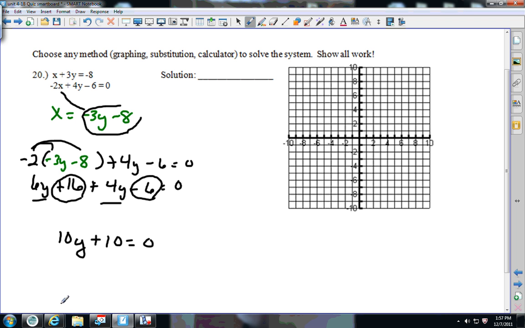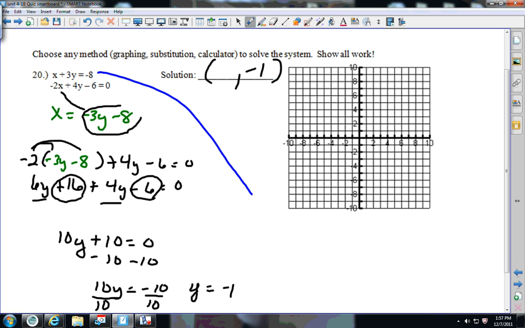Okay. Let's try this again. I knew I messed up somewhere. Subtract 10 from each side. 10y equals negative 10. Divide by 10. Y equals negative 1. There we go. Now let's take this equation, and I'm going to write x plus 3y equals negative 8.